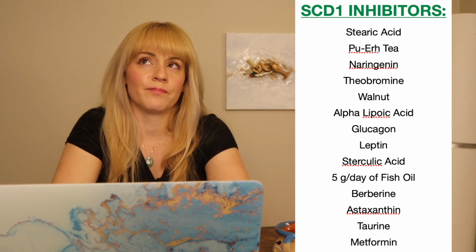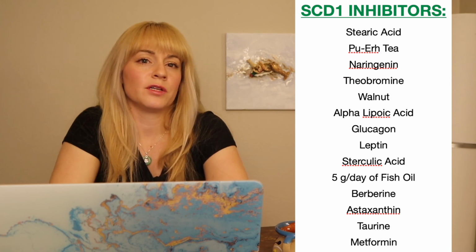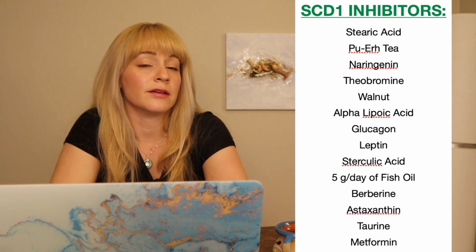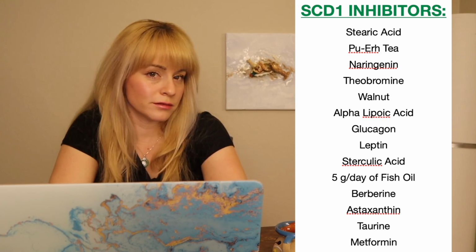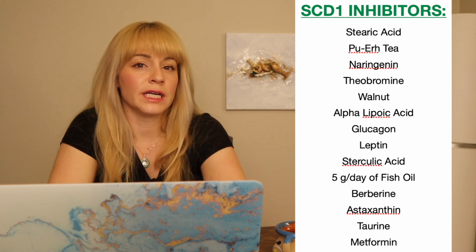It's in chocolate, coffee, glucagon, leptin, sterculic acid, and 5 grams a day of fish oil, according to one study, berberine, astaxanthin, taurine, and metformin.